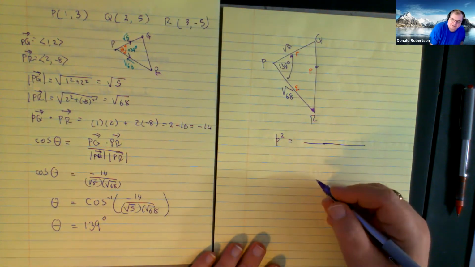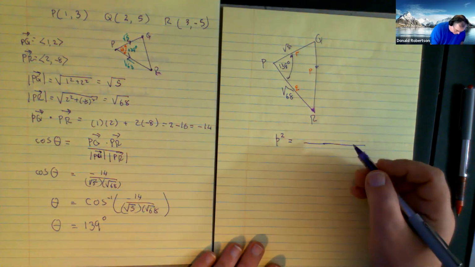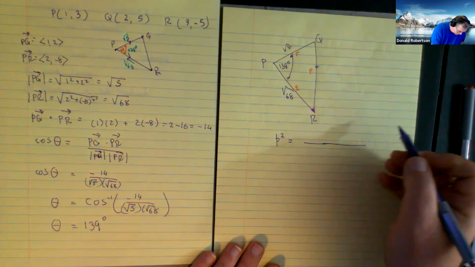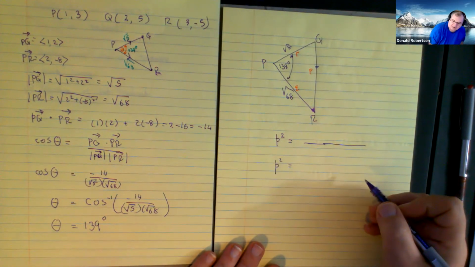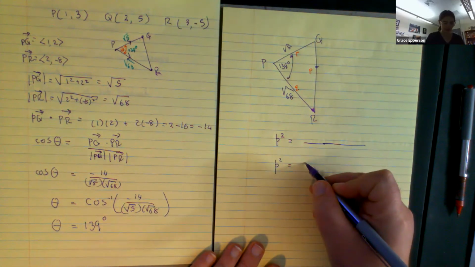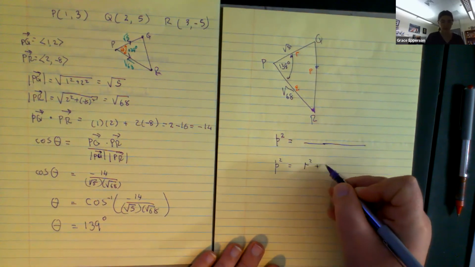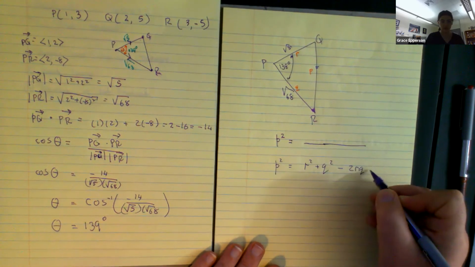It's much better if you have it in your head, but anyway, I'll take what I've got. What have you got here? Is it r squared plus q squared minus 2rq cosine p?